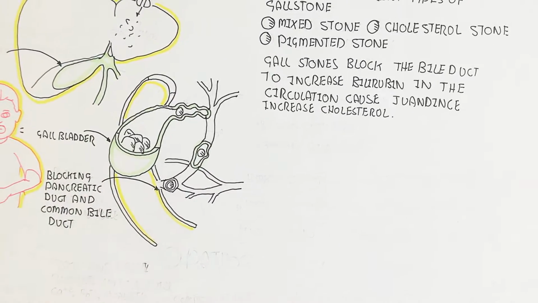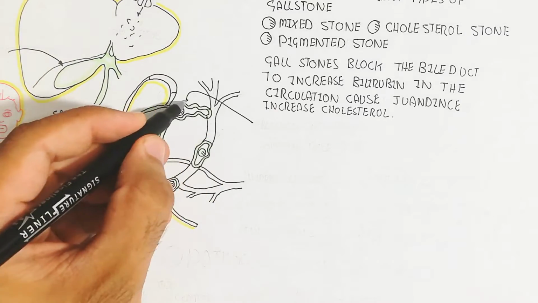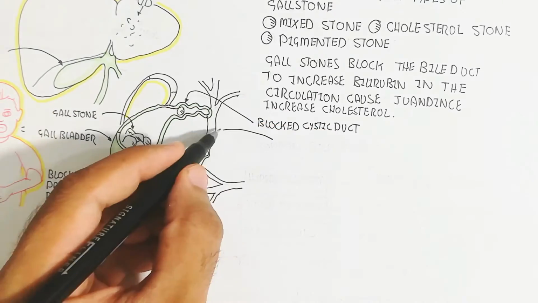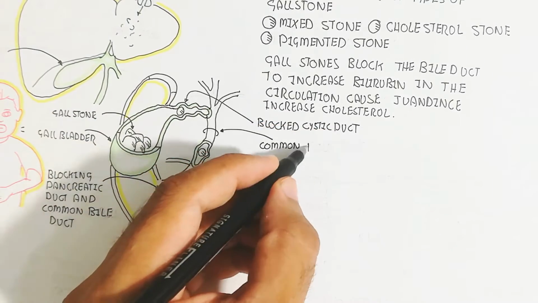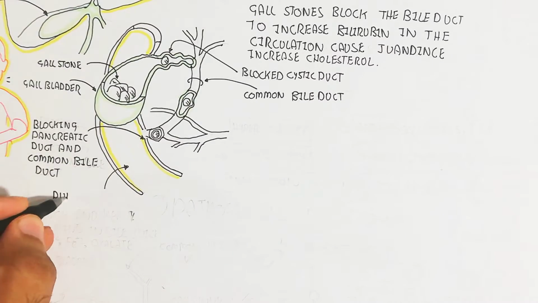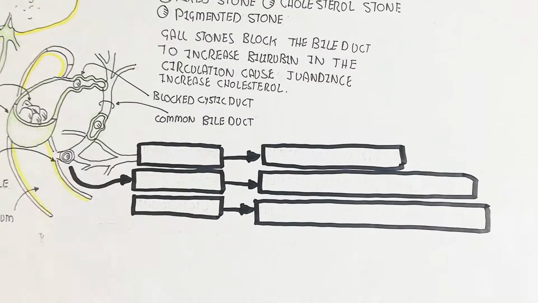So this is the gallbladder, which contains stones, and a stone can move and block the cystic duct, common bile duct, and pancreatic duct, which we will discuss. So this is the duodenum.